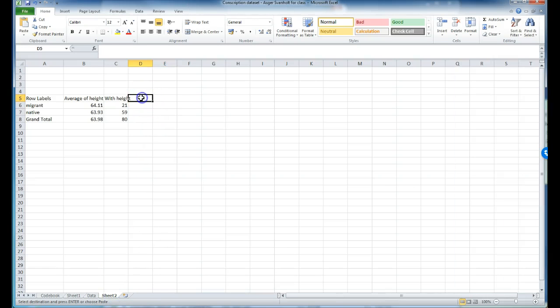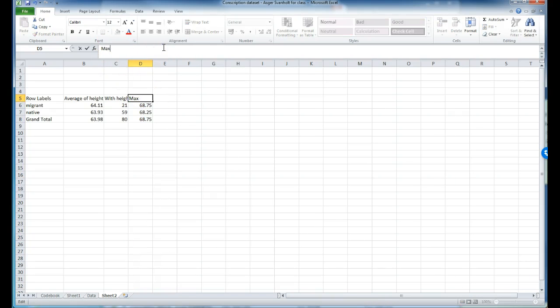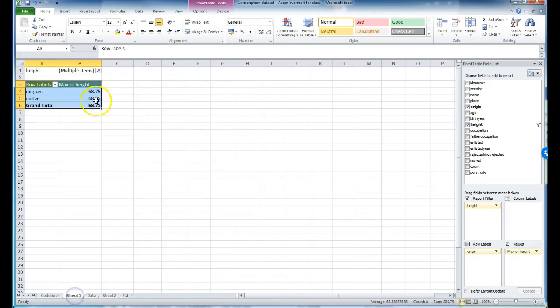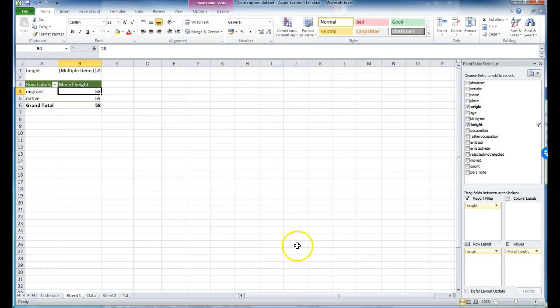And then what we can do is just put it also here. So we have the maximum. And then we go back and we can do the same thing with the minimum. We go there and then see that always it tells you what you're actually computing. And then the minimum.